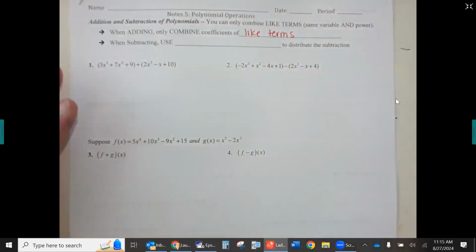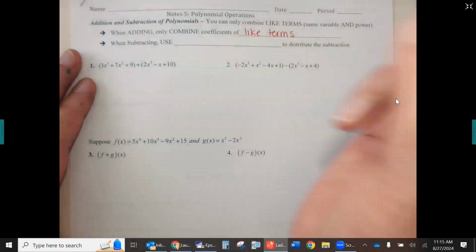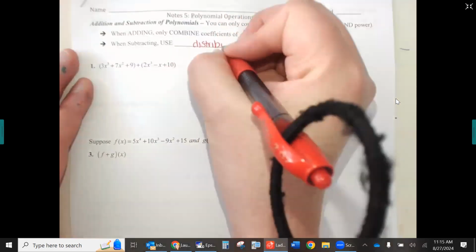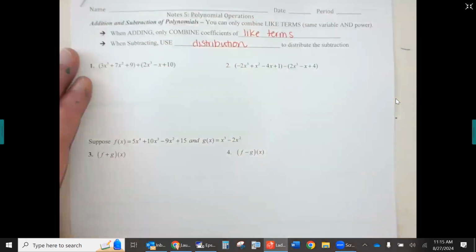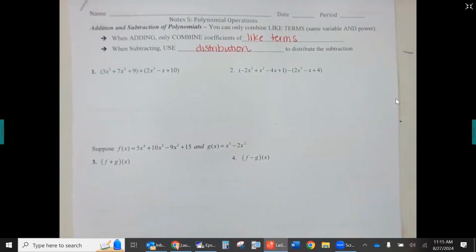What I mean by like terms is that they have to both have the same x piece for you to add them or subtract them. Then it says when subtracting, use distribution to distribute the subtraction. So let me show you what that means.